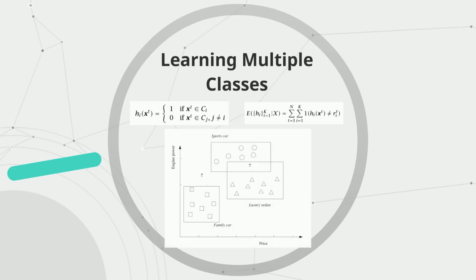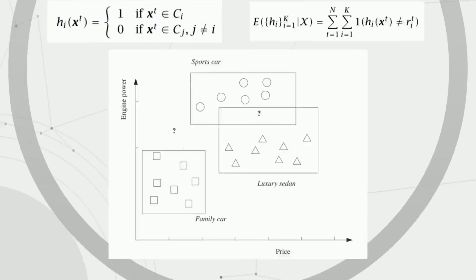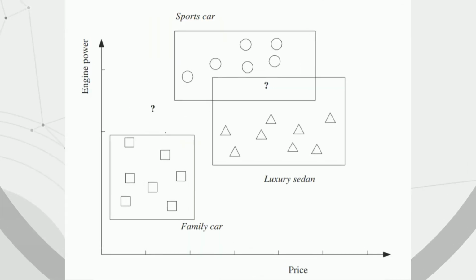So here's an easier to understand graphical representation of what I have just said. Again, this is talking about our problem from before. We have engine power and price as our two-dimensional input space. And here we actually have three classes. We have sports cars, family cars, and then luxury sedans as well.